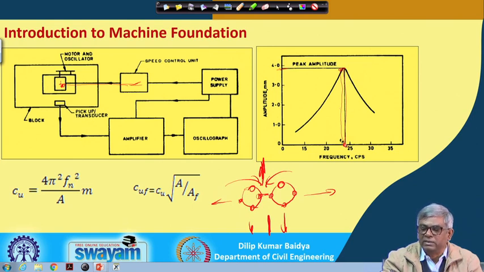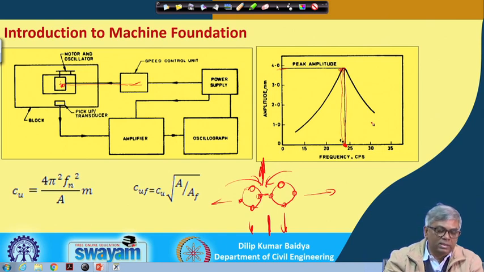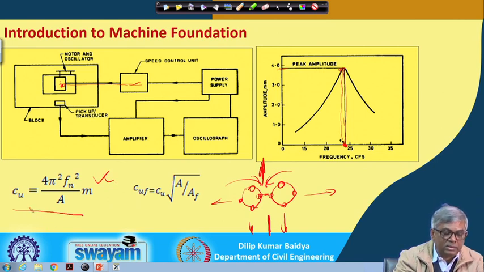So, the frequency corresponding to maximum amplitude will be taken as the natural frequency, and if you know the natural frequency and the area of the foundation on which you have conducted the test, then using this equation I can find out the coefficient of elastic uniform compression, as per code.